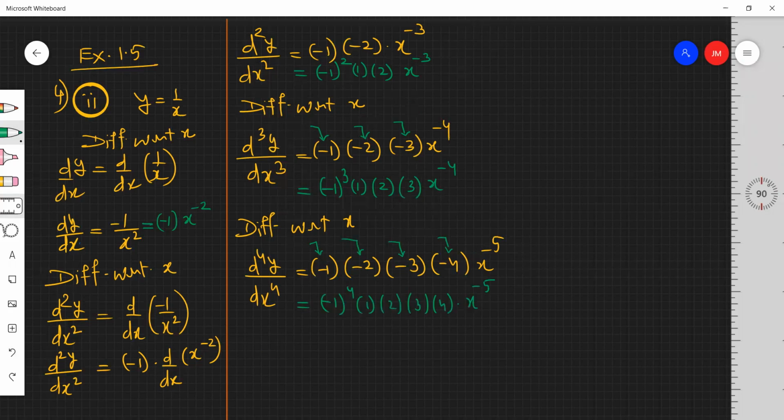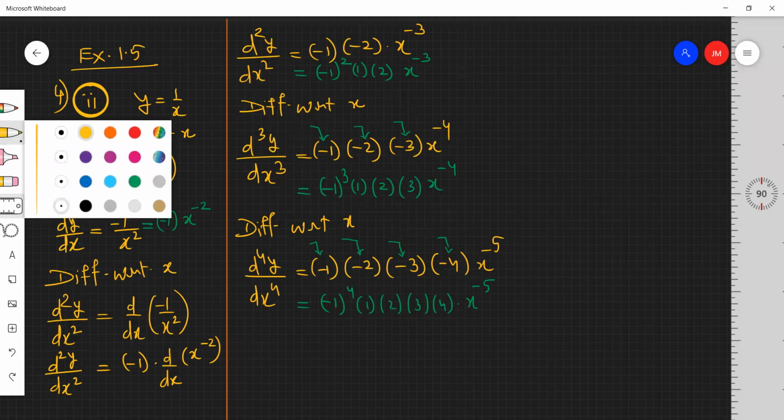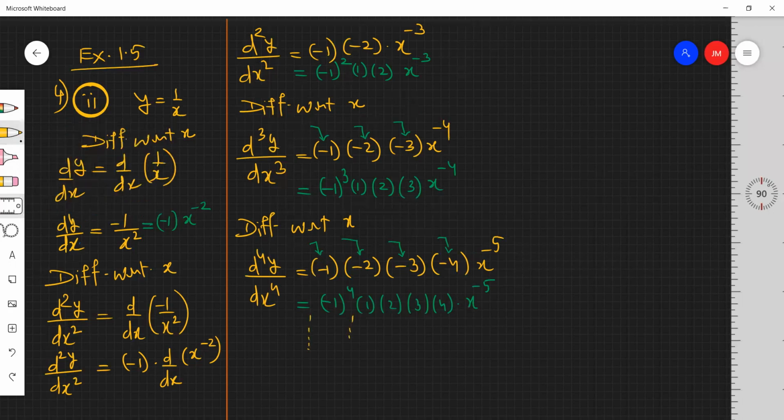So this way, if I continue, what I understand here, students, is that dny upon dxn, that is the nth order derivative. For the first derivative, I have minus 1 raised to 1.